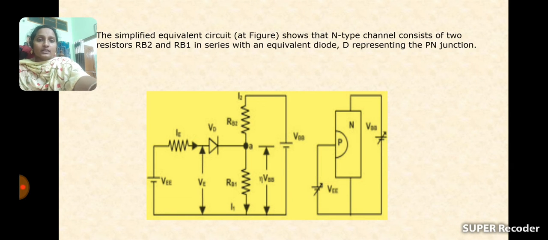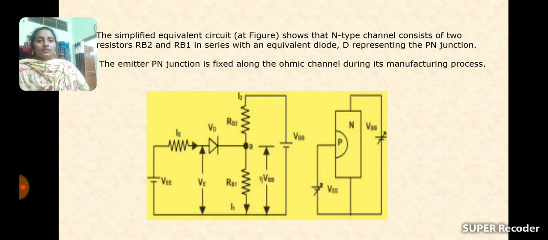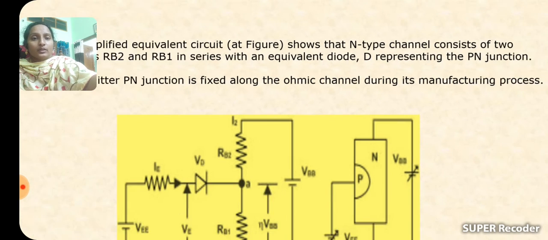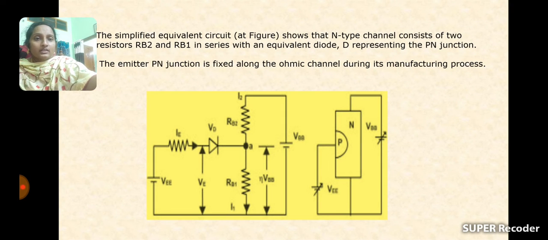And this is the circuit diagram of UJT. And see here, the simplified version shows the N-type channel consisting of two resistors RB2 and RB1, and these are in series with an equivalent diode. So see here, D represents the diode.